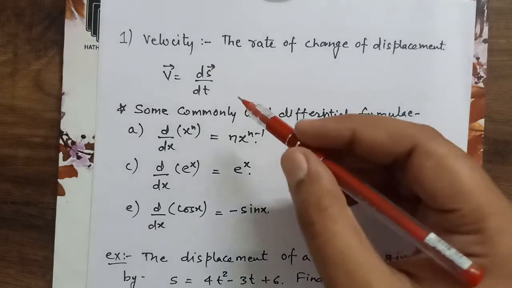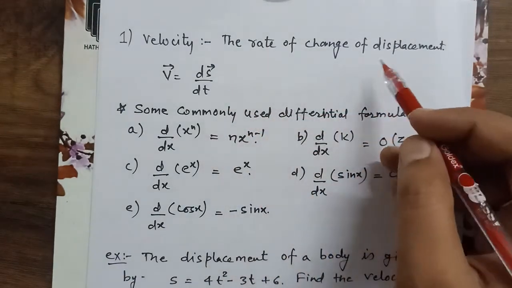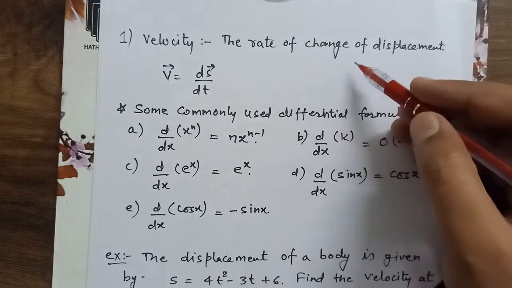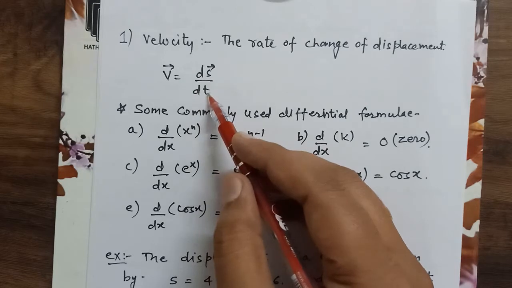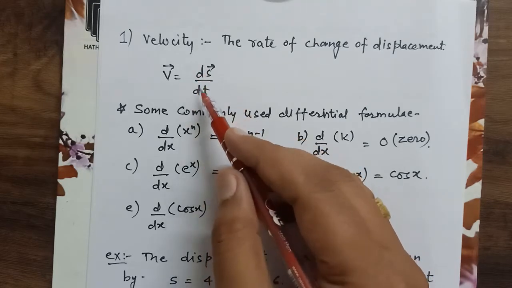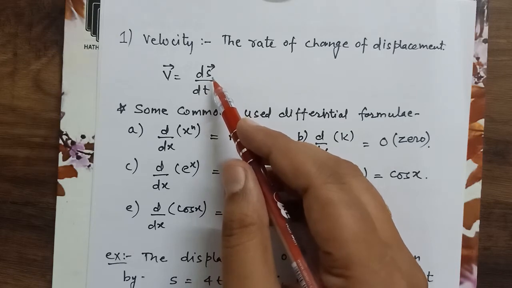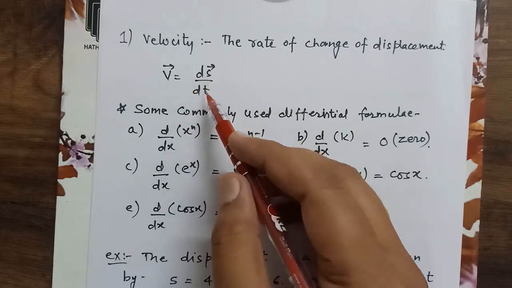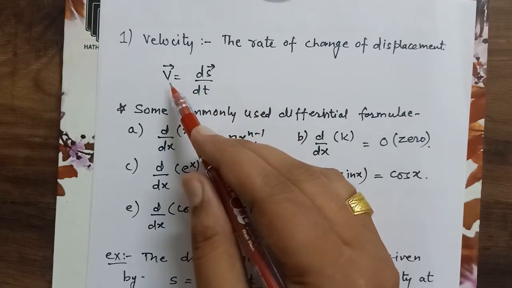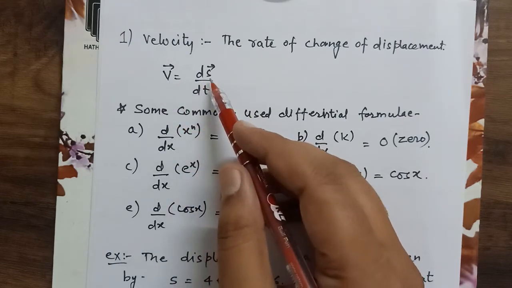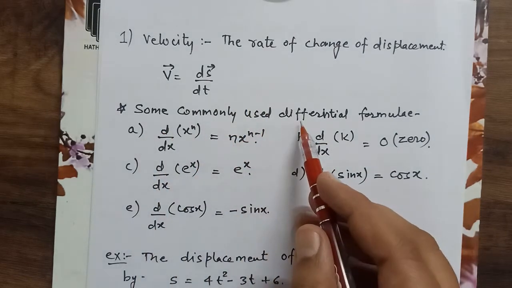In mathematical terms, the rate of change with respect to time is shown by d by dt, which is a differentiating expression. So d by dt of s, the rate of change of displacement, will give us velocity.